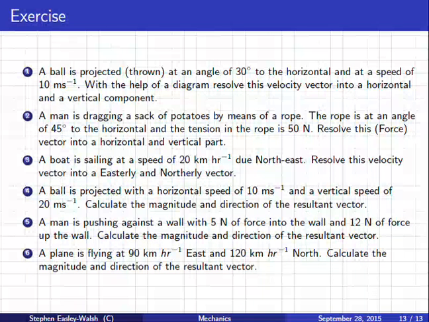If you can hit in on your calculator 15 sin 30, let's see what we get. 7.5 kilometers per hour.